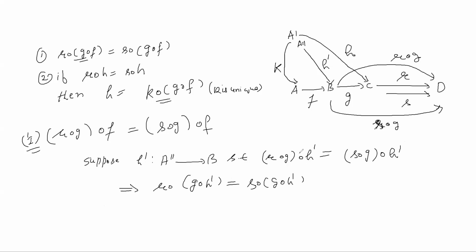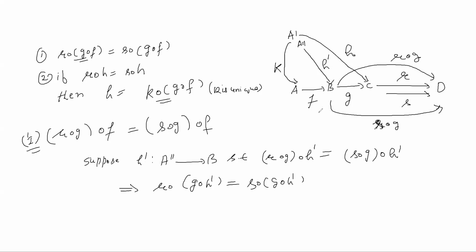And so there exists a unique morphism K dash from A double dash to A, because we have seen that R and this F composition G. Just one minute, are we missing something?